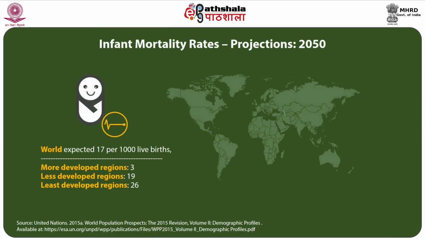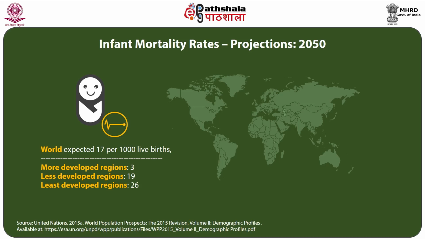Let's see the projections of infant mortality rate. The world as a whole is going to experience only an infant mortality rate of 17, whereas region-wise data shows that IMR is going to be as low as 3 in more developed regions.